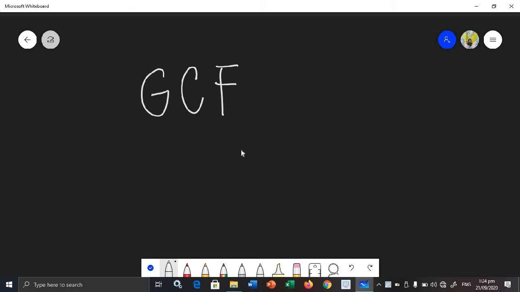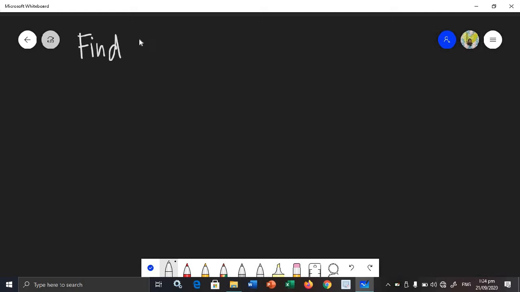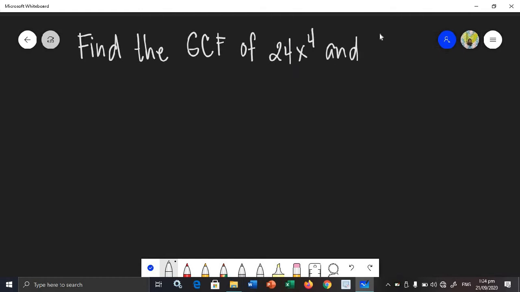So, what will happen? Kaya, let's say, we have this example. Let's find the GCF of 24x to the fourth and 16x cubed, or x to the third power, and y squared.